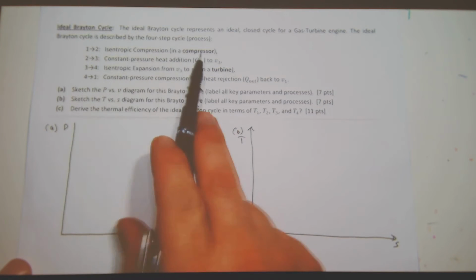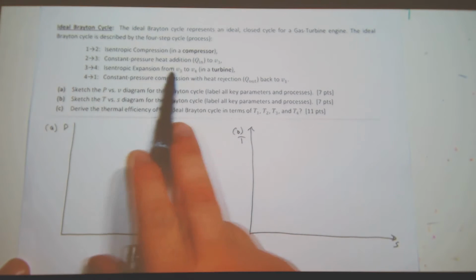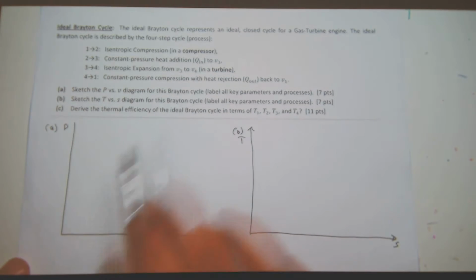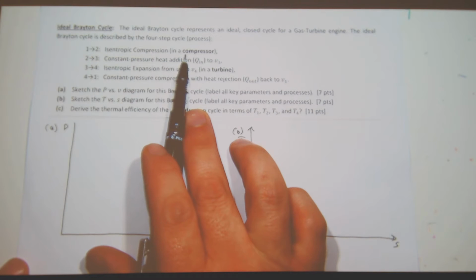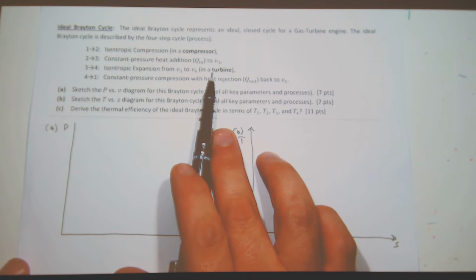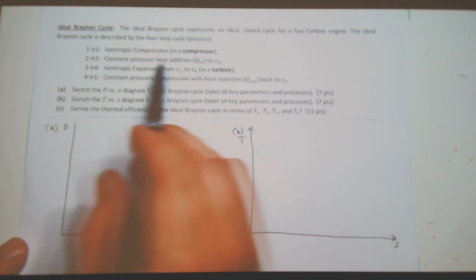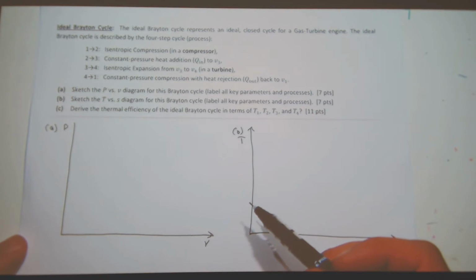You compress a gas in a compressor, and then after you do some other things with adding heat, the turbine produces work. And as long as less work is going into your compressor than the work output from your turbine, it's a power producing device cycle.